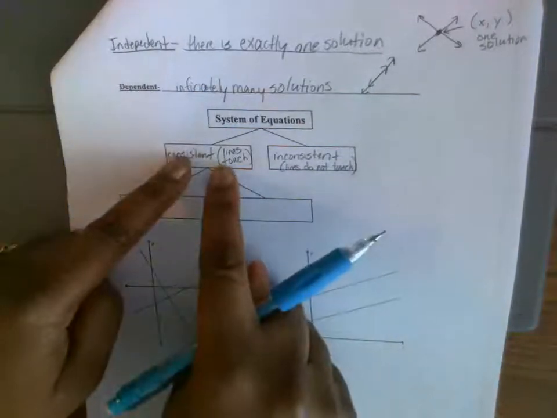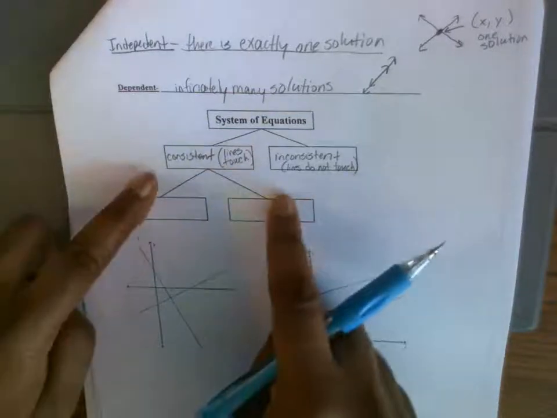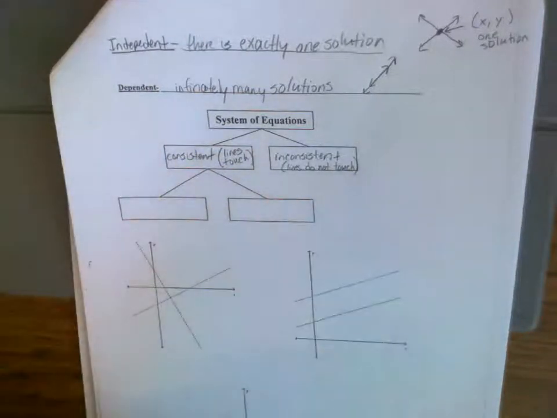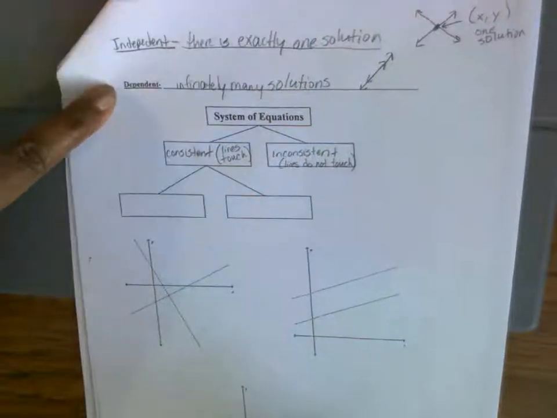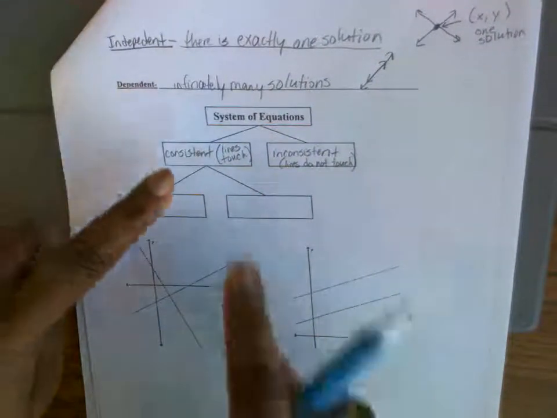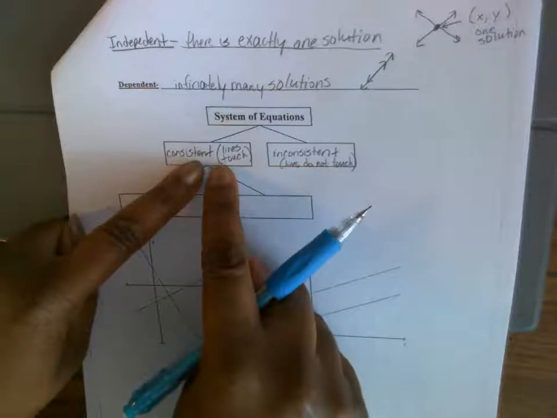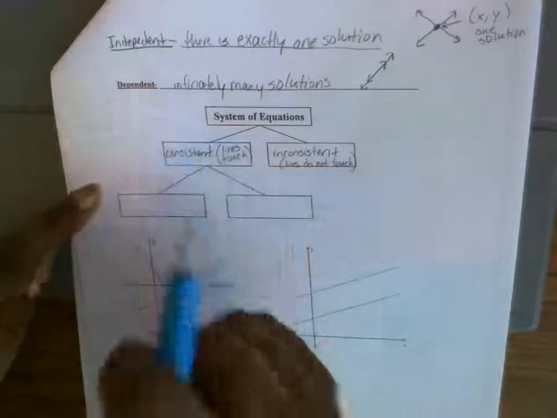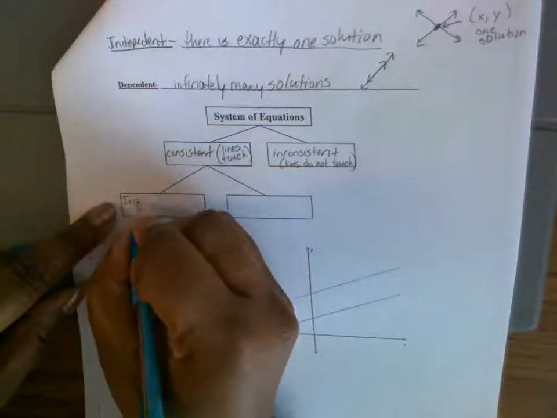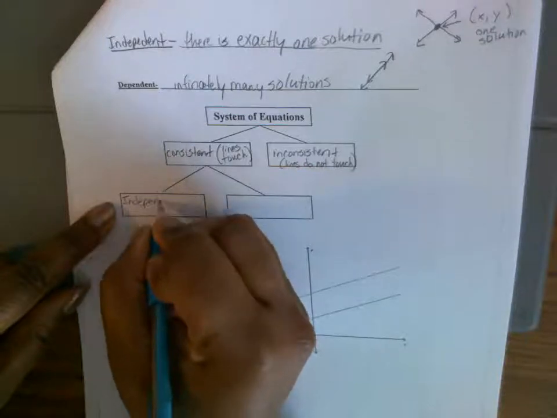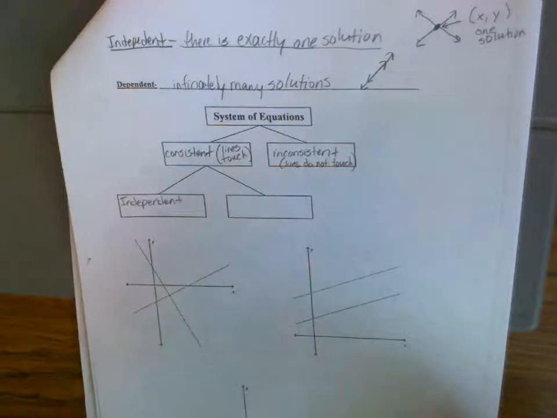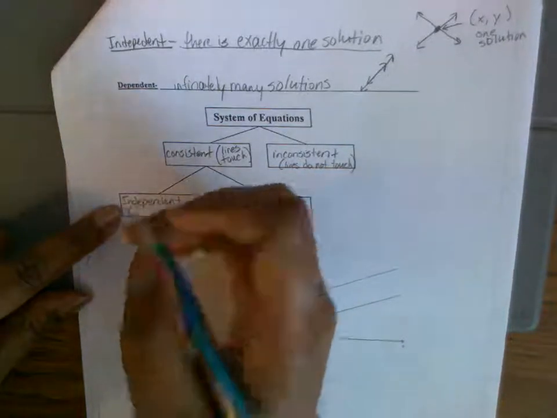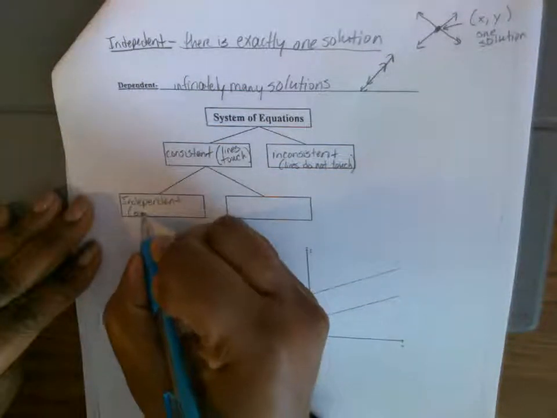If it's consistent, that means if the lines touch, they're either going to be independent or dependent. Okay? Independent means they only touch in one place, so it's one solution. They cross in one place, one solution.